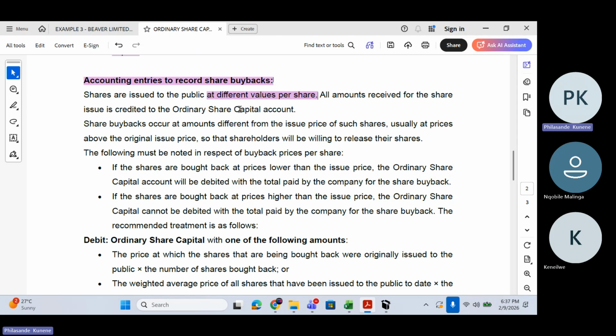Number one, when we're issuing shares to the public, we always issue them at different prices, because we issue shares on different days, at different times, at different prices. All amounts received for share issue is credited to ordinary share capital account. That's what I'm saying.